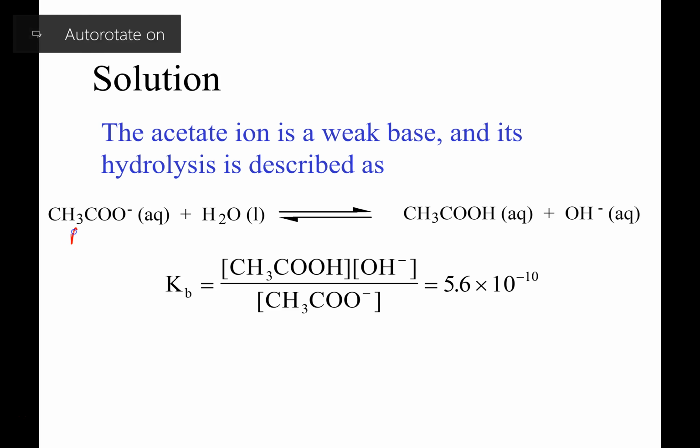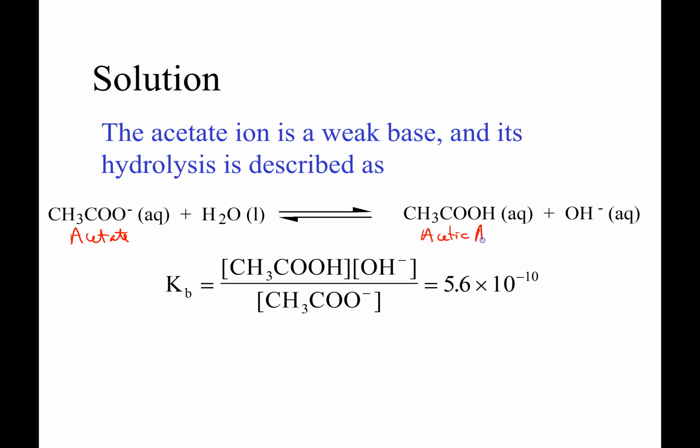I call this acetate, right? This guy over here is acetic acid. So I'm going to put WB, weak base, and actually I'm going to put WA over here, weak acid. The beauty of, or the reality, the chaos associated with chemical equilibrium.